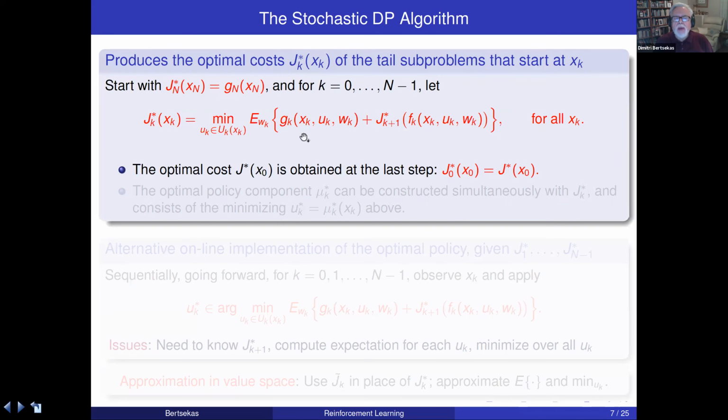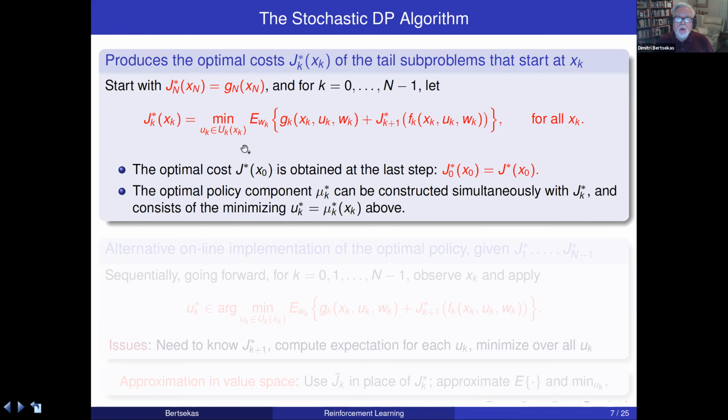So we carry this algorithm backwards, starting from this terminal cost function, go backwards to J n minus 1, n minus 2, and so on. And at the last step, we obtain J0 star, which is the tail subproblem that starts in the initial state. Therefore, it's the optimal cost that we're looking for.